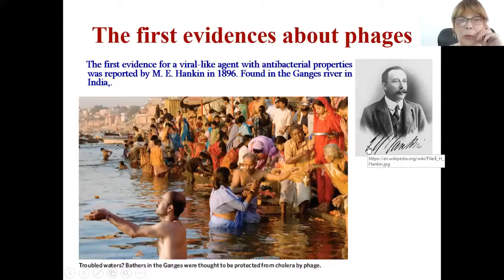So he was interested what the reason for that was, and he filtered this water and dropped it on top of live cholera bacteria, and the bacteria were lysed. Unfortunately, this person could not explain this evidence, and it is still known as Hankin's phenomenon.